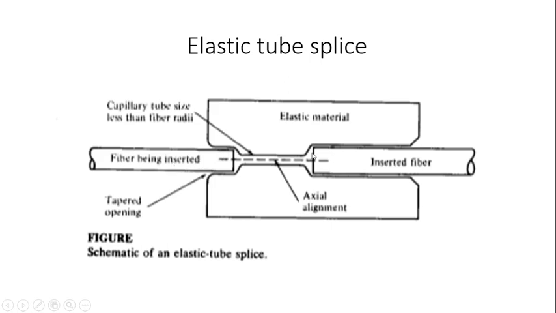From this we can see that different size fibers, not the same size, can be spliced with the help of an elastic tube splice. And observe that the radius of the elastic tube is less than that of the already inserted fiber as well as the inserting fiber.